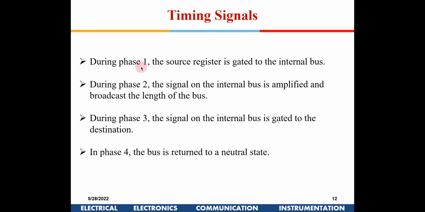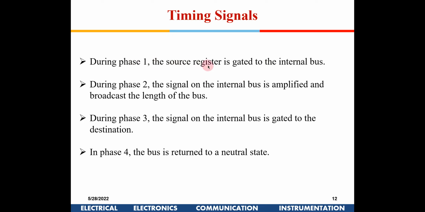During phase 1, the source register is gated to the internal bus. When you are transferring data from one source register to another, the other register could be the AO bus register, the data in register, or the data out register, whatever.